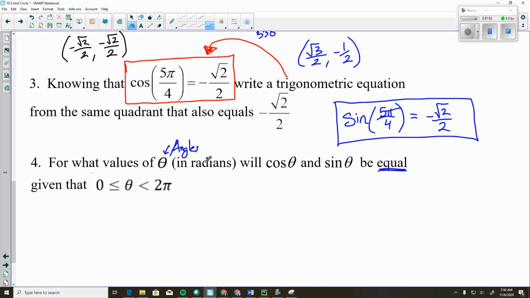So for what angles will cosine and sine be equal? Well, funny enough, we just found that right up here, right? Like 5 pi divided by 4 was one of those angles in radians where I got the exact same outputs, okay? They were equal. So 5 pi over 4 is an angle in radians where the cosine and sine were equal.